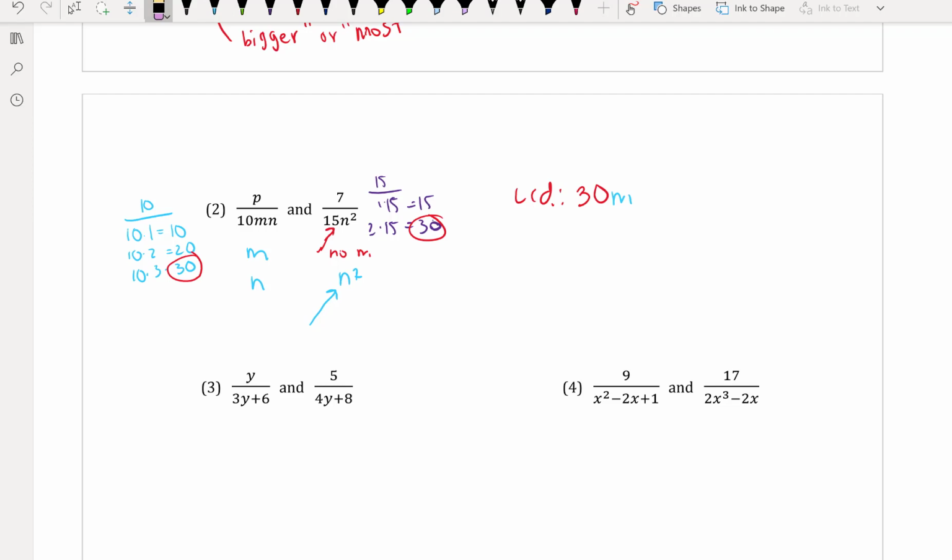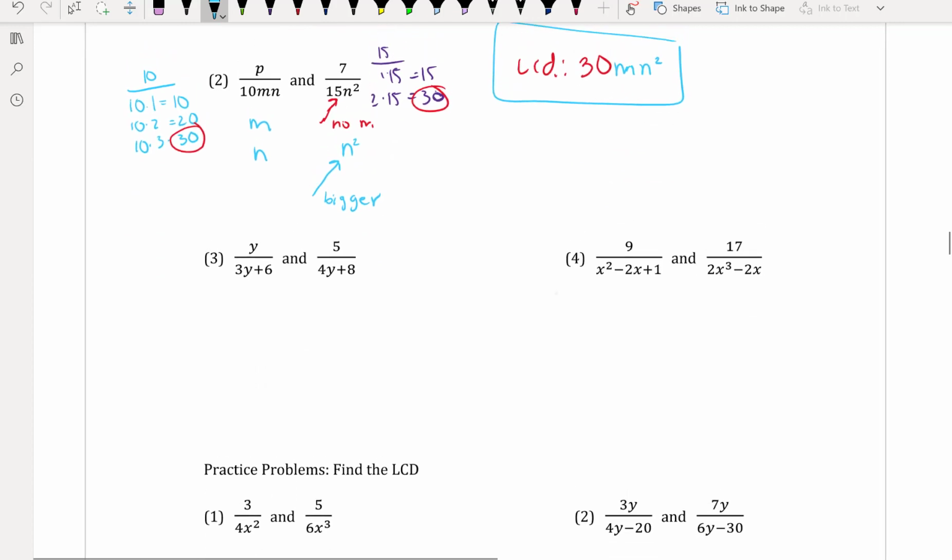That's right. N squared has the biggest exponent. So I'm going to have this as an N squared. So that's going to give me my LCD, 30mn squared. And that's an M.